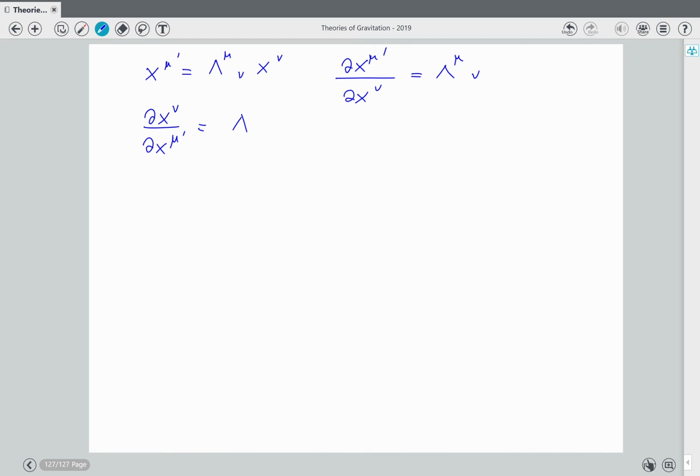And the inverse will be, as we said before, first it's a lambda. It should have one index here and one index there instead of that. And what is the index up? It's nu, and the index down is mu.